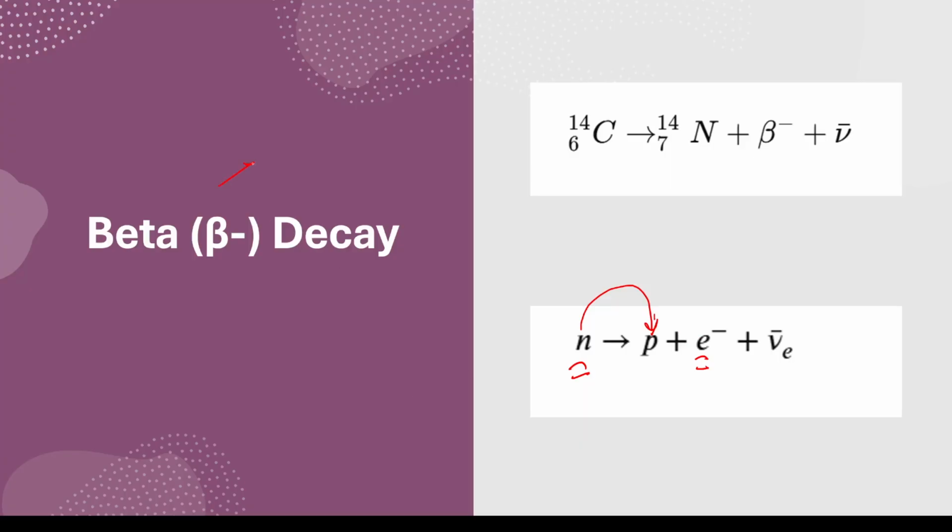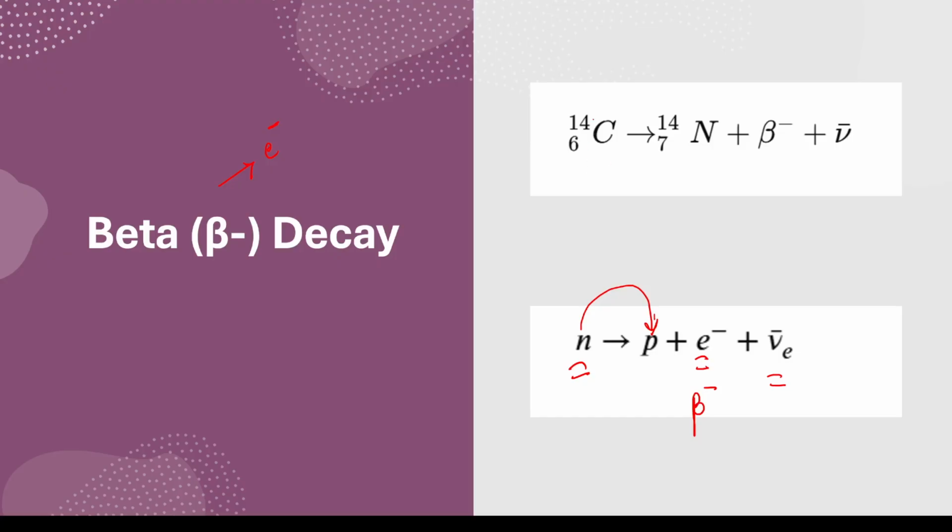So beta minus particle is nothing but e minus, an electron. So if an exam question asks you what particle is similar to beta minus, it's nothing but an electron. And this is called antineutrino. We'll learn about this in the next video. So a neutron decays into a proton, a beta minus particle and an antineutrino.